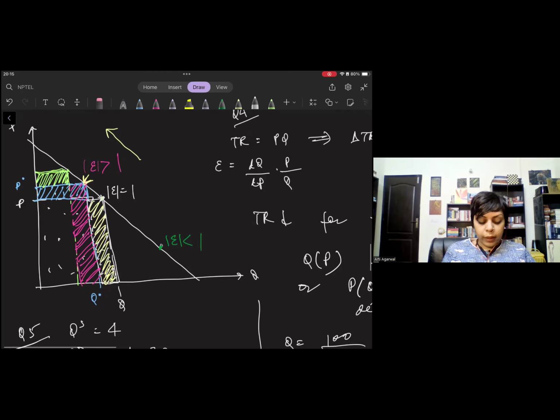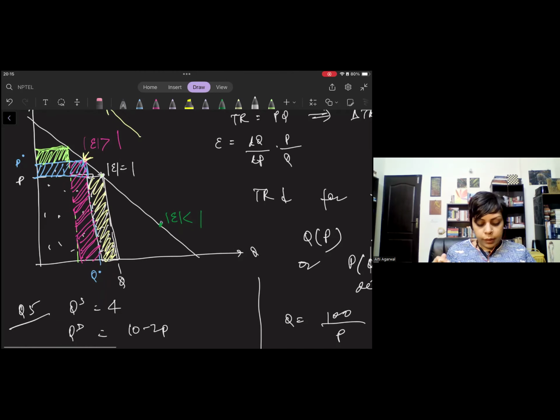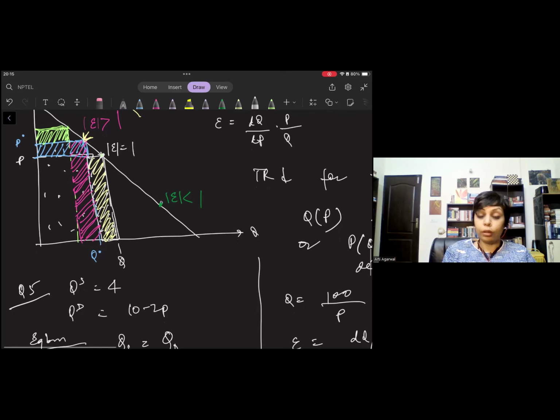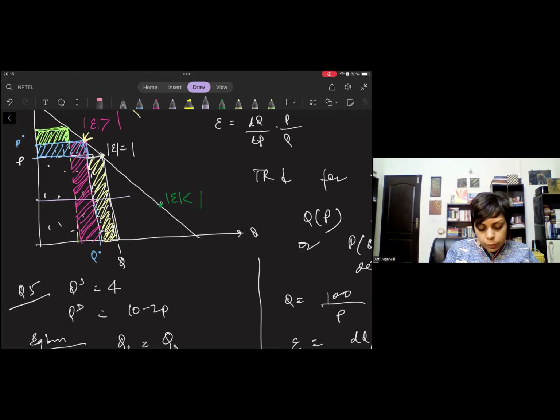Anyway, so when epsilon is greater than 1, an increase in price or a decrease in quantity basically leads to loss of revenue. When epsilon is less than 1, this is what I was trying to draw at that time actually. Suppose this is the point where you are. So this is your price P1, this is quantity Q1.